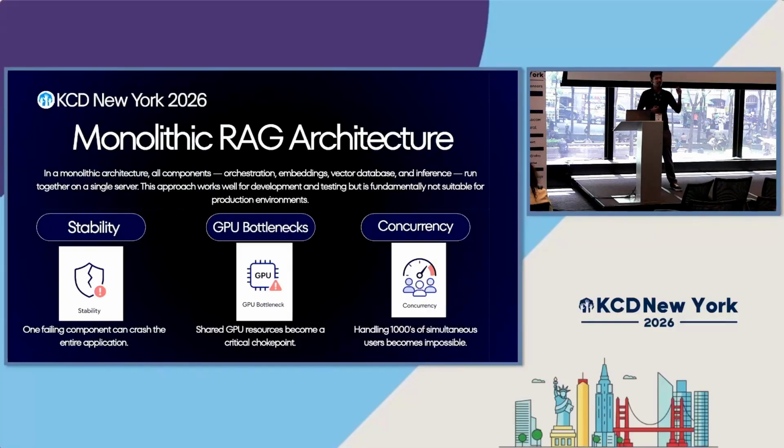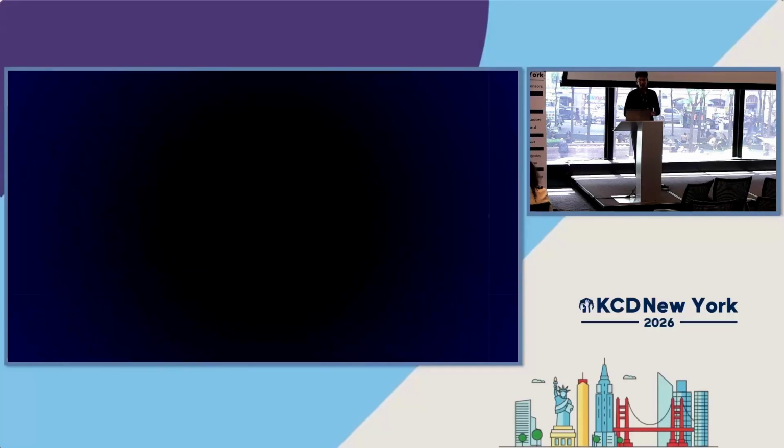And inference engines are GPU intensive. Since a lot of people are asking questions at the same time, you might get a GPU bottleneck on your system, and it might not be able to handle thousands of users at the same point in time.